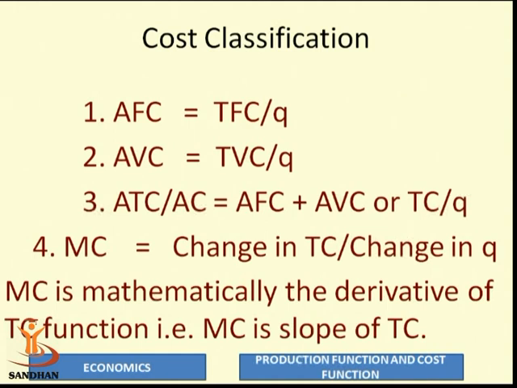Now further, in microeconomics, we do further classifications. We have to understand at the micro level. So what is average fixed cost? When you have the total fixed cost divided by the output produced, you will get the average fixed cost. Fixed cost per unit of output. That's average fixed cost. Again, what is average variable cost?